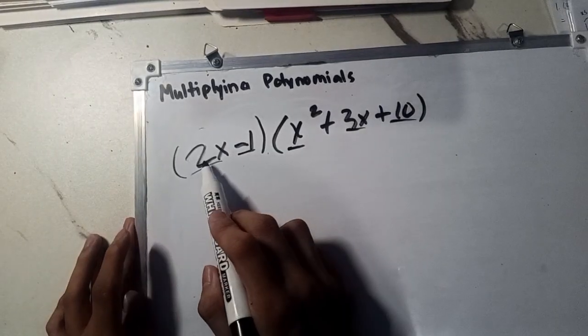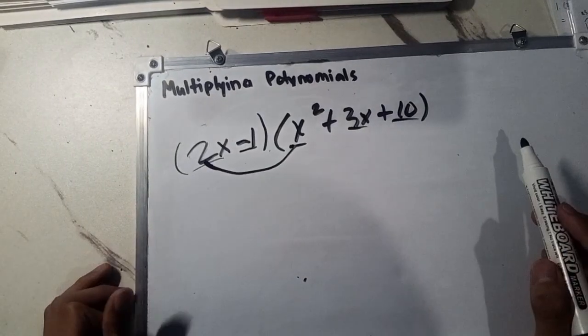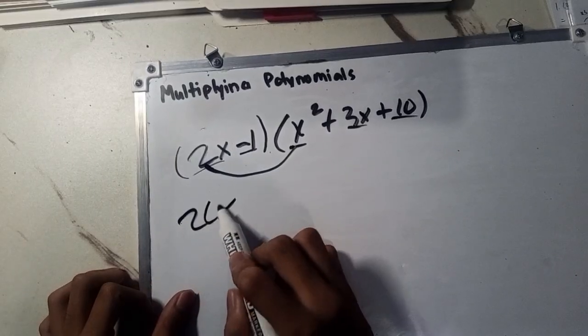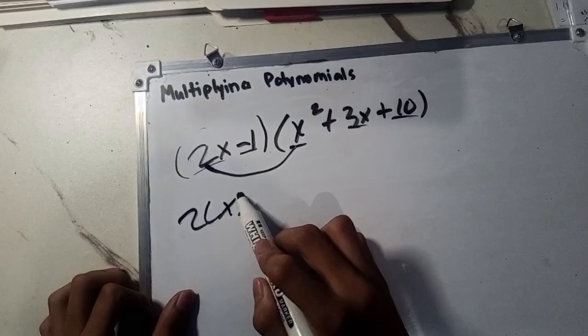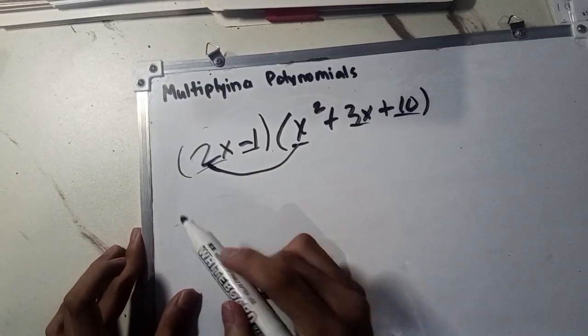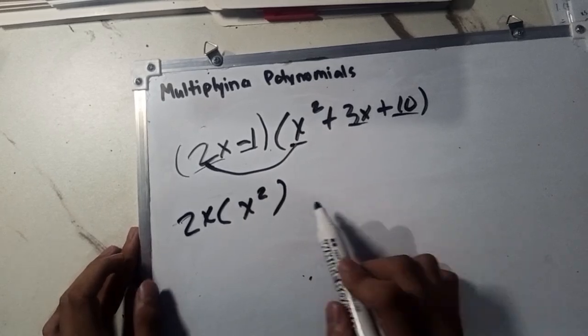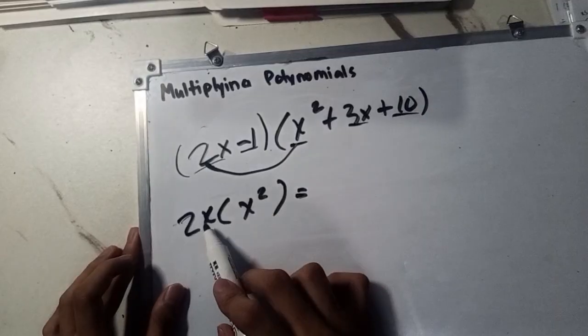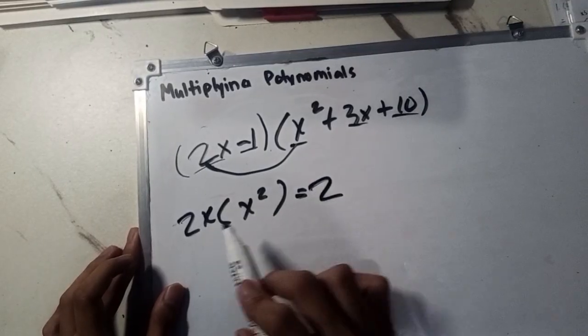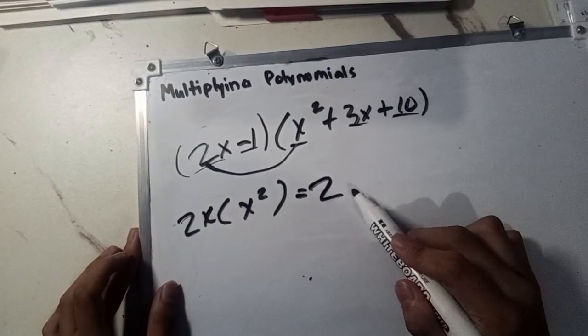So first, let's try 2x times x squared. Okay, 2x times, oh my bad, 2x times x squared. That is 2. Combine x and x squared, we have x cubed.